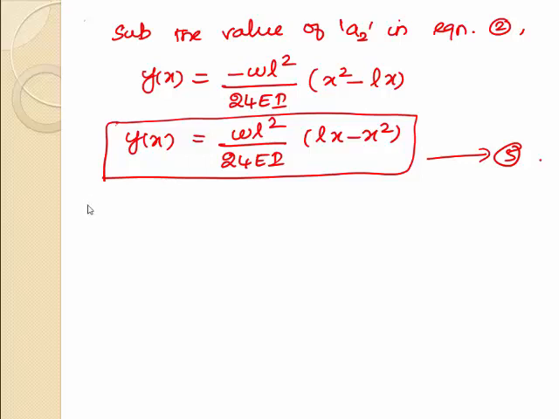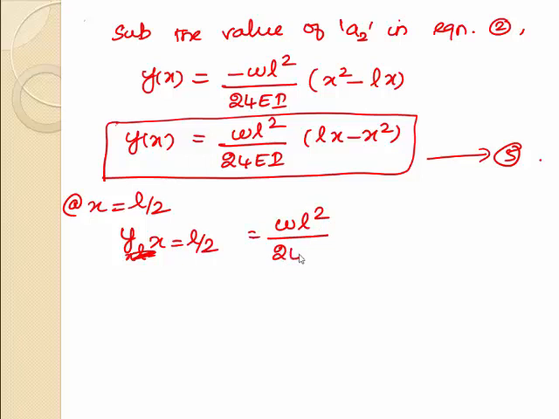So at the midspan x is equal to L by 2. So at x is equal to L by 2, y is WL square divided by 24EI into L into L by 2 minus L by 2 the whole square.